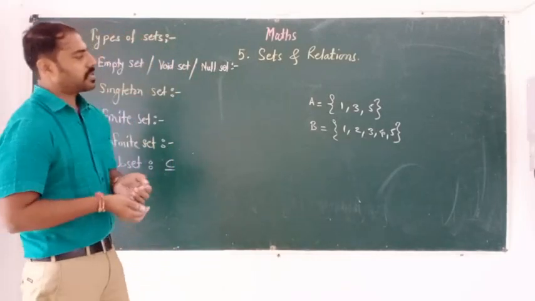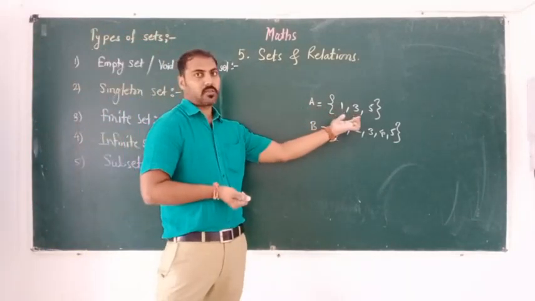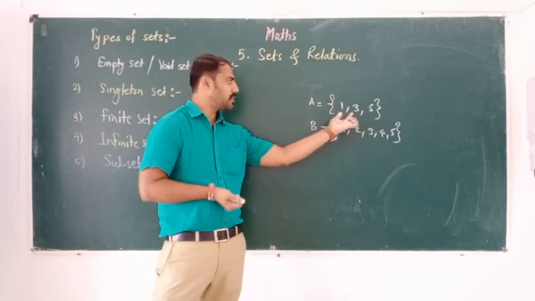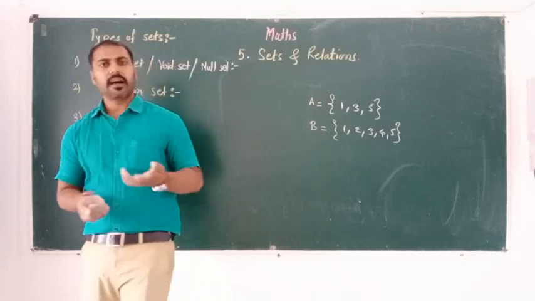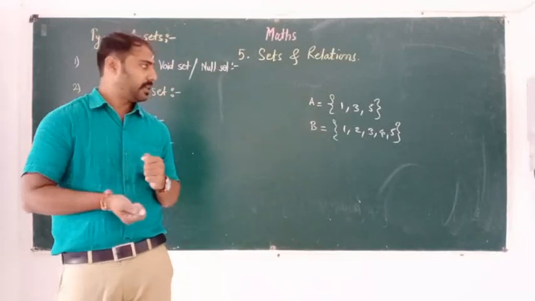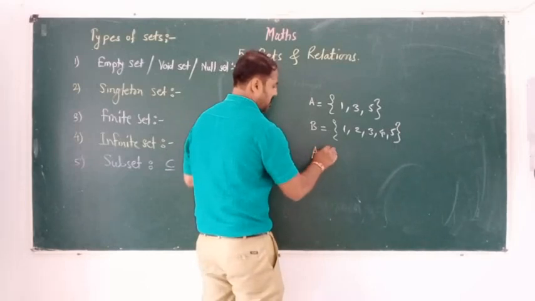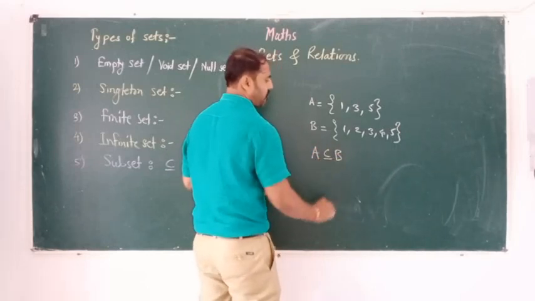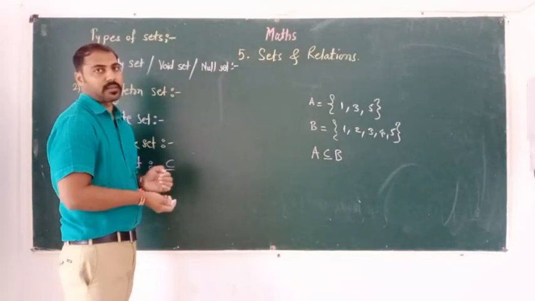Here clearly we see that all the elements of set A, that is 1, 3 and 5, are in set B. So I can write A is subset of B.